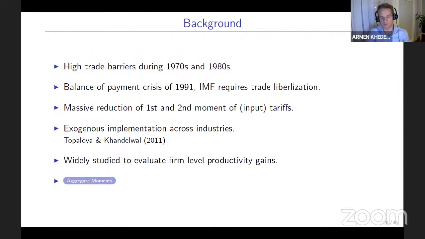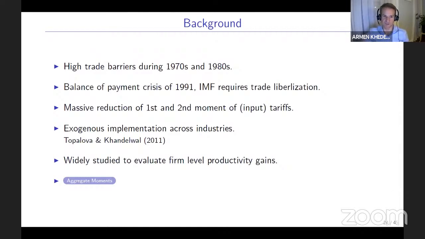And the reason that India underwent a strong trade liberalization is because it had accumulated large deficits and then had to go to the IMF in order to ask for a rescue package. And one of the conditions the IMF imposed was that you need to open your markets to foreign countries.